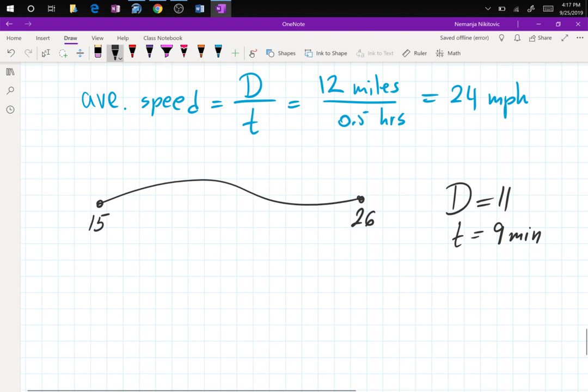Well, now we can calculate your average speed on the highway. Now, that highway has no traffic lights, has no stop signs, and you can drive on one speed only. You set one speed, you put the, what is it called? Cruise control, thank you. And just cruise on the same speed through the entire stretch from 15 to 26.